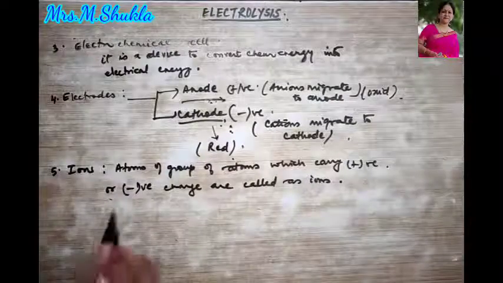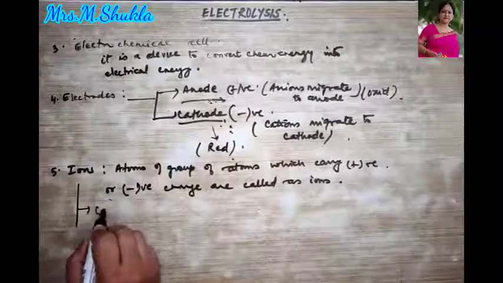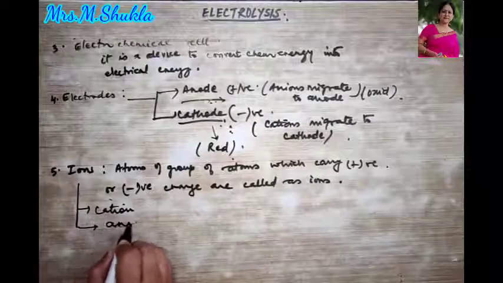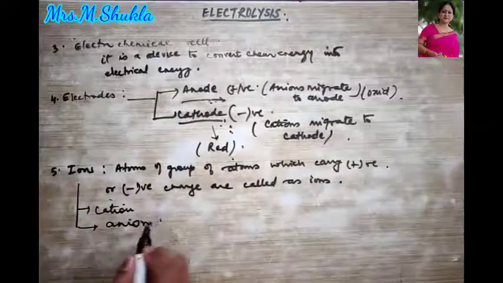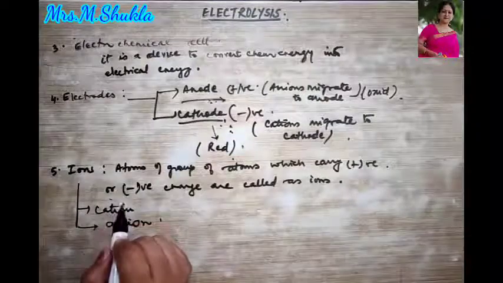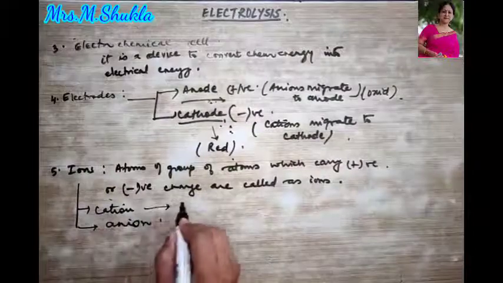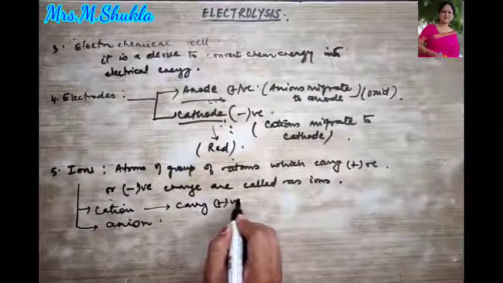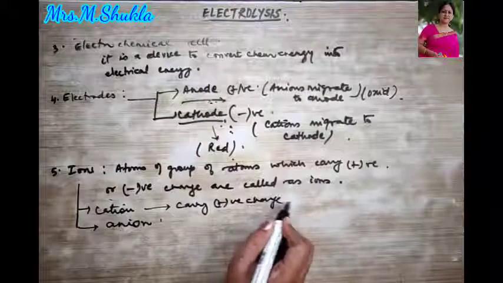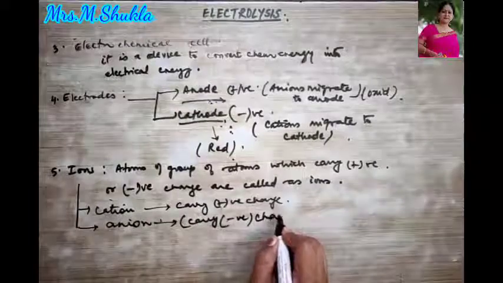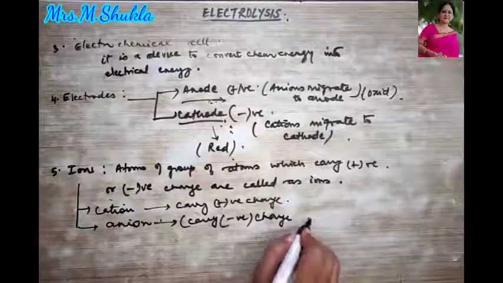These ions could again be of two types: cation and anion. Atoms which carry positive charge are called cations, and those which carry negative charge are called anions. Clear?